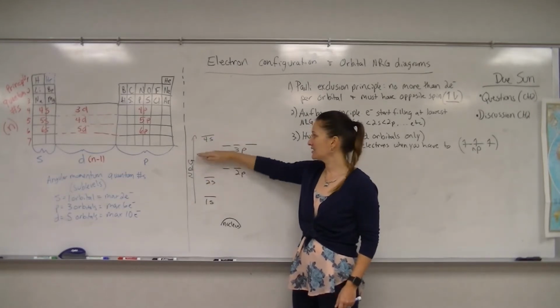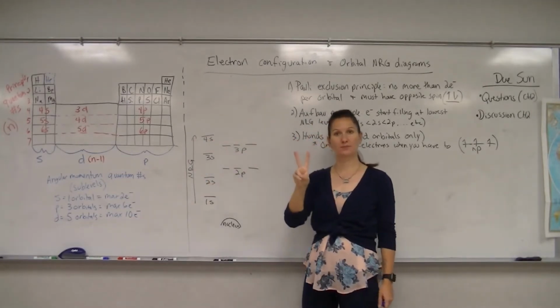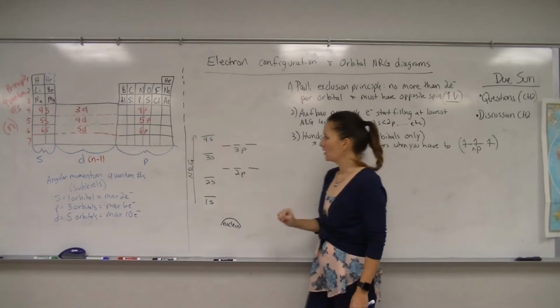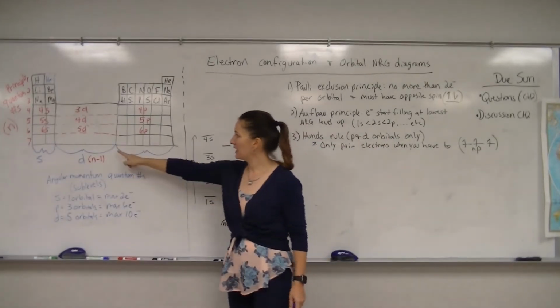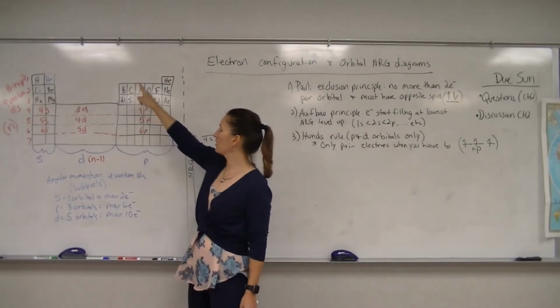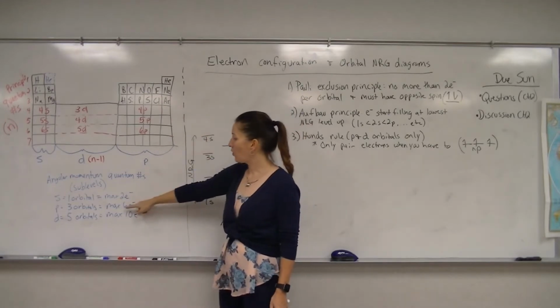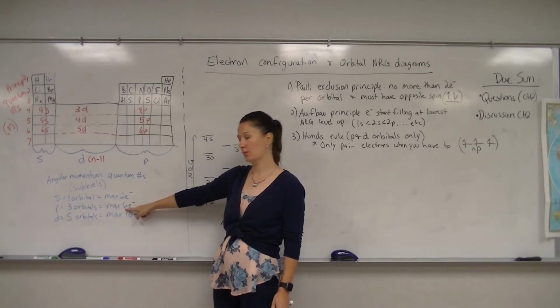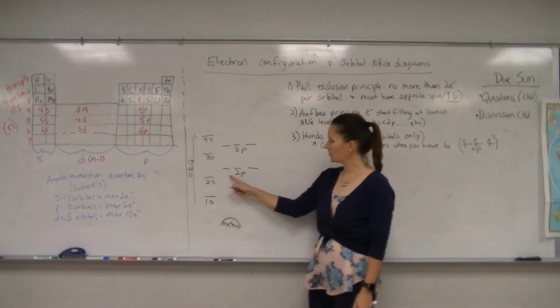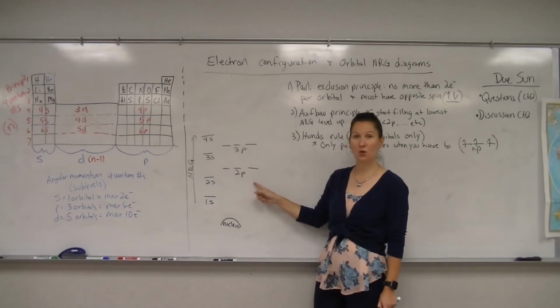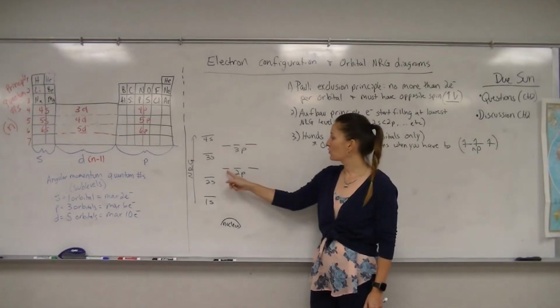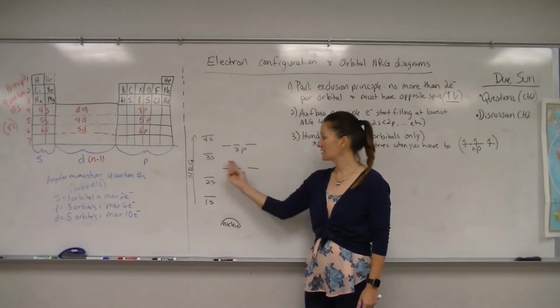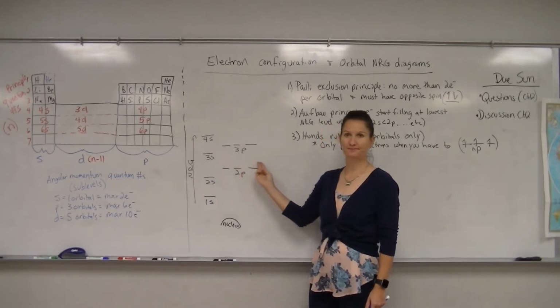Each of those spaces will hold a max of 2 electrons. For the P, the other main group elements, we said it can hold a max of 6 electrons. Since each orbital can only hold 2, that means it has 3 orbitals. So when I write the P in the pictorial diagram, there are 3 spaces for those 3 orbitals.